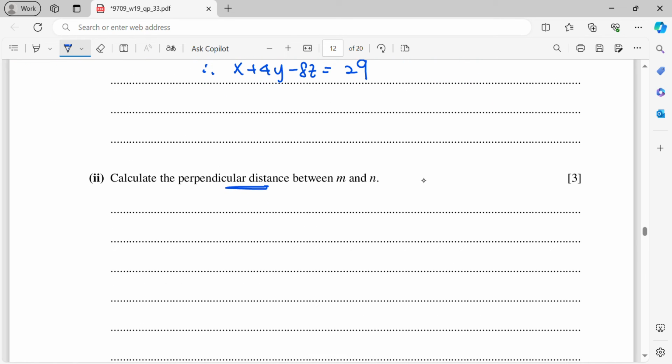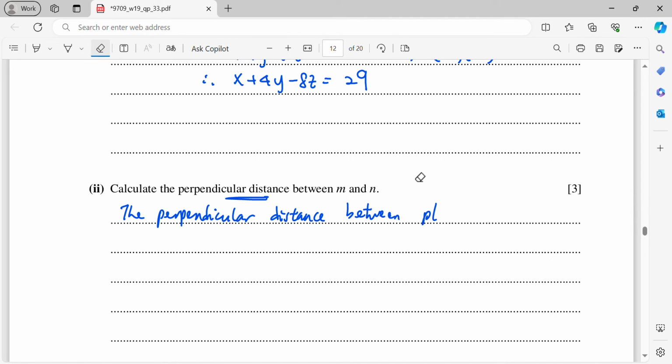So here I can just write the perpendicular distance between planes M and N is going to be the modulus of r dot n for M minus r dot n for N.